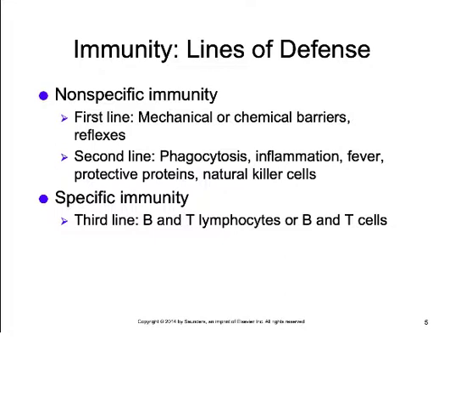And then natural killer cells basically punch holes in either infected cells or cancer cells and cause the cytoplasm to leak out and they die.